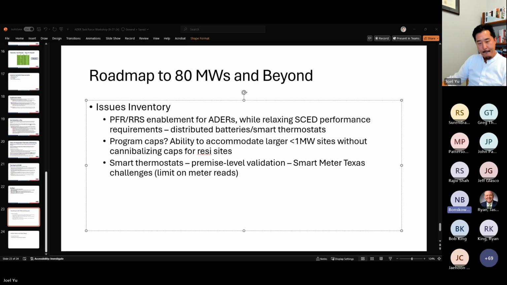But we also shouldn't discount the activity that's happening outside of the formal ADER program, right? Not every egg needs to be in the ADER basket. For instance, not discounting that smart thermostats can play an important role here, there are also other programs and policies that will leverage smart thermostats, like the implementation of Senate Bill 1699.